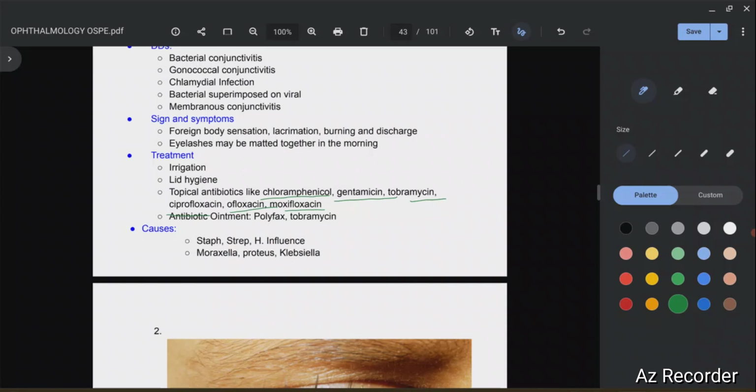Then antibiotic ointments. These were topical antibiotic drops, and these are the topical antibiotic ointments that we have, like Polyfax, which is very important, and tobramycin.